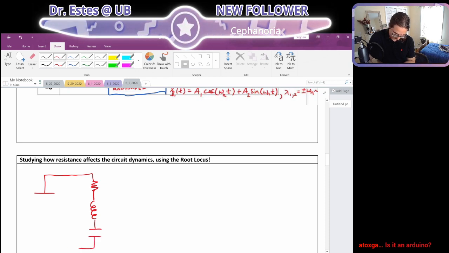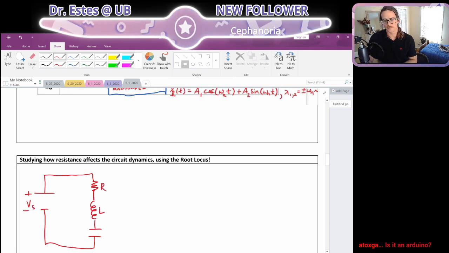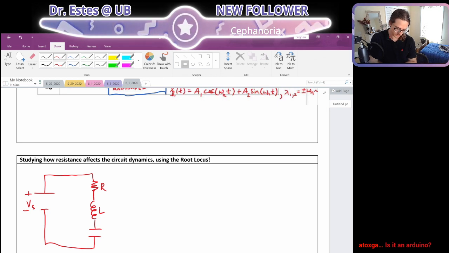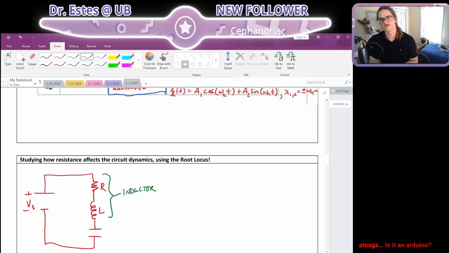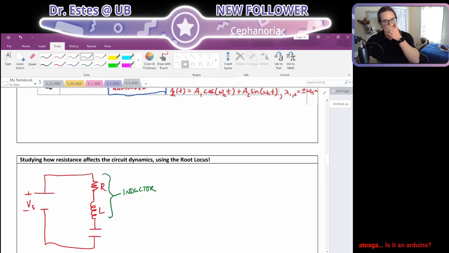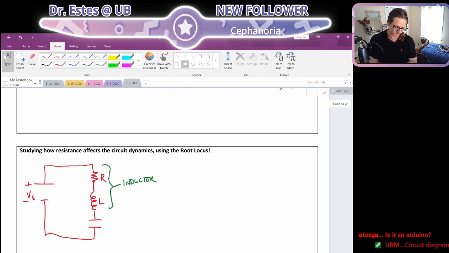RLC, and then you got your source voltage over here. And like I said, in the actual system, this is our inductor, because it has some resistance and inductance built into the same actual piece.